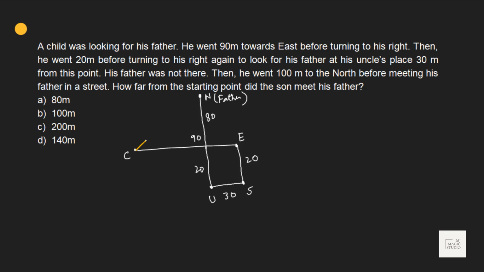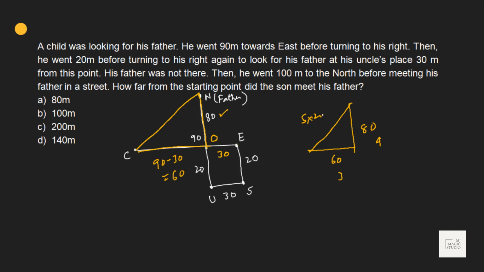So we need this distance, and we can see we have this right angle triangle to help us out. Let this be O. Then NO is 80. Total is 90 and the other side is 30, so OE is also 30. CO is 90 minus 30, that is 60. So we have 60, 80, bingo. We have 3:4:5, the triplet ratio. That should be 5 into 20, that is 100.